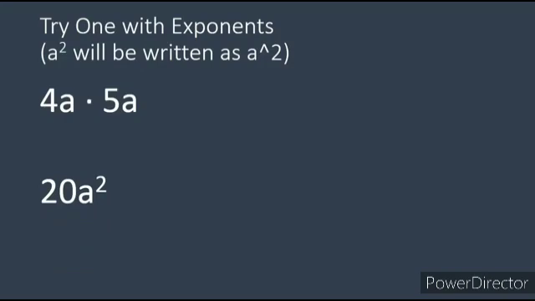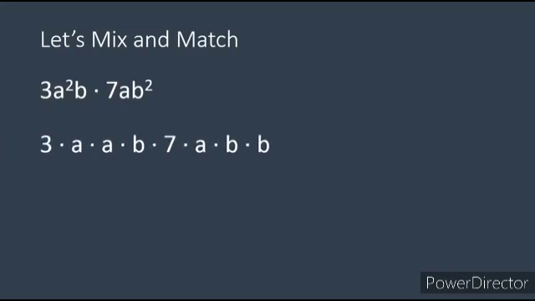Then some more examples you need to solve by different variables we are going to take, that is 3a square b and 7a b square. So first you do the multiplication of numbers and then the variables. So split the problem or algebraic term as like this: 3 into a is repeated 2 times, b 1 time, 7 into a into b 2 times.